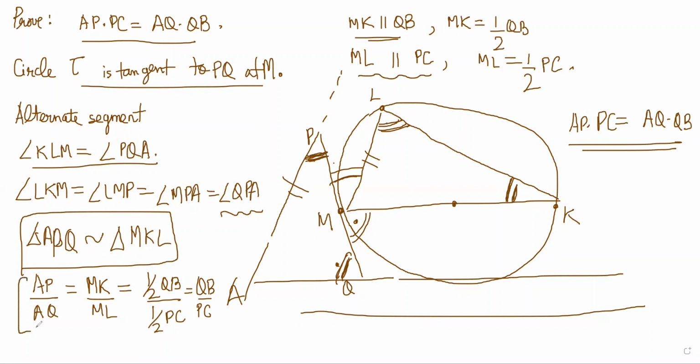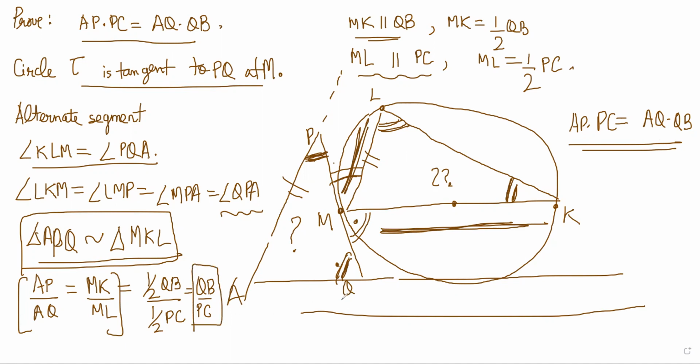You understand? We have gotten similarity of this triangle here and this triangle here. If you have gotten similarity, you can write AP by AQ is equal to MK by ML. And by midpoint theorem, that ratio is equal to QB by PC.